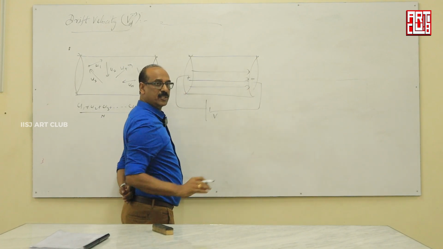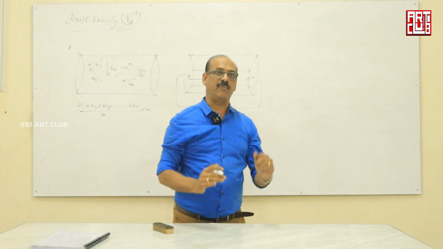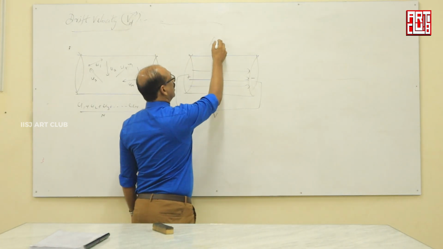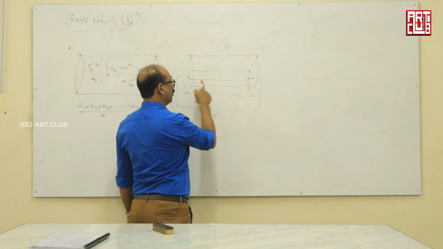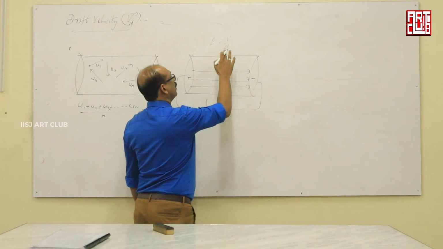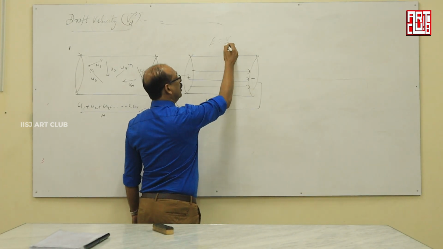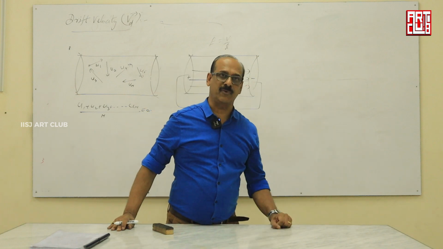There's a uniform electric field, which we studied in the first unit. When there's a uniform electric field, it is equal to V by d, volt per meter. But here, instead of d, there's the length of the conductor, which is the apt word instead of distance. So we are using V by L, which indicates a uniform electric field.